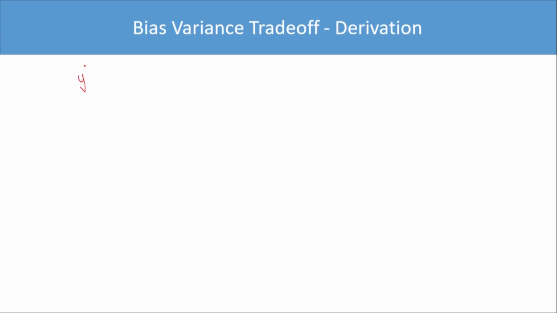We are assuming our y star is f of x star plus epsilon, where the variance of epsilon is some sigma squared. Our model says it's a mapping h from x to y. This is what we have learned, and now we want to understand how good this h is on an average on an unseen data point.